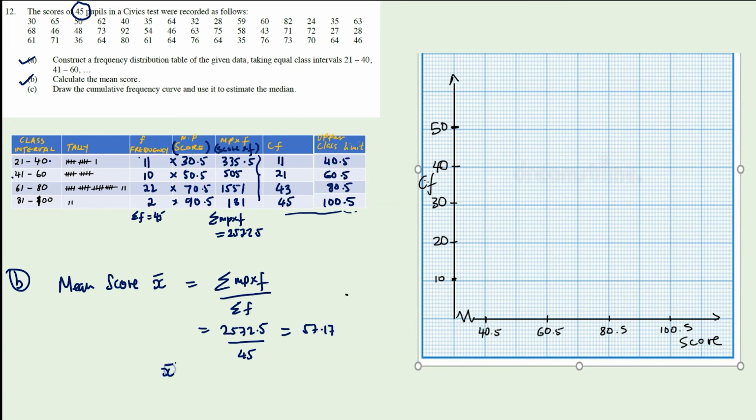So X bar then is roughly 57. This is the average score for this civic test.